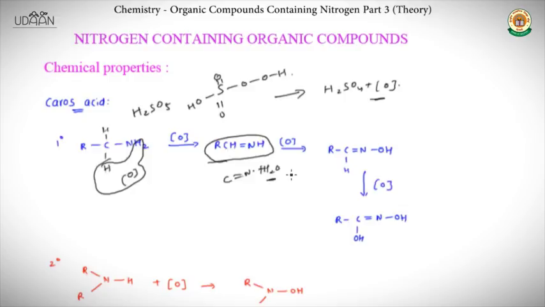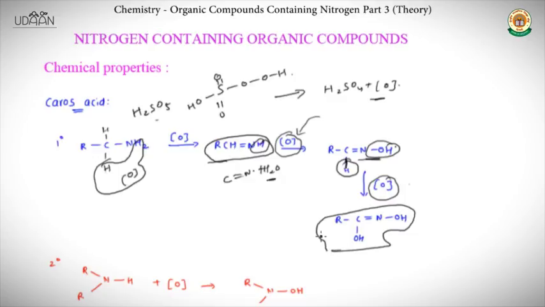Now if you treat it with one more nascent oxygen, since you are supplying H2SO5, you have plenty of nascent oxygens available. Now you are going to get OH on this nitrogen, that is, this H is getting converted to OH. Now if you treat it with one more nascent oxygen, the hydrogen which is present on this carbon is getting converted to OH.